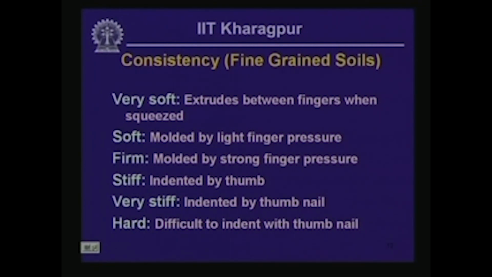The consistency of a fine grained soil can vary from very soft to hard, and here I mention a series of simple tests that can be performed on a sample extracted while the investigation is going on, and these tests will tell the inspector whether a soil is approximately very soft or hard.